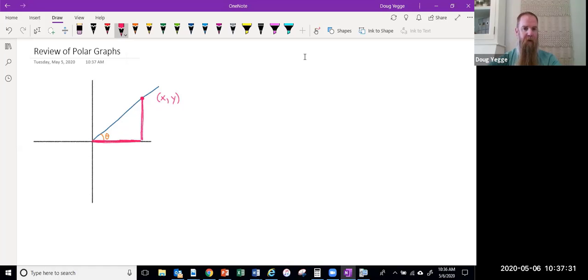Obviously the vertical would be our y value, and the horizontal would be our x value. But that seems like a really stupid way to walk if I'm just trying to get from the origin to that point. Why would I walk x and then y when I could just turn my body and then walk out a certain amount?